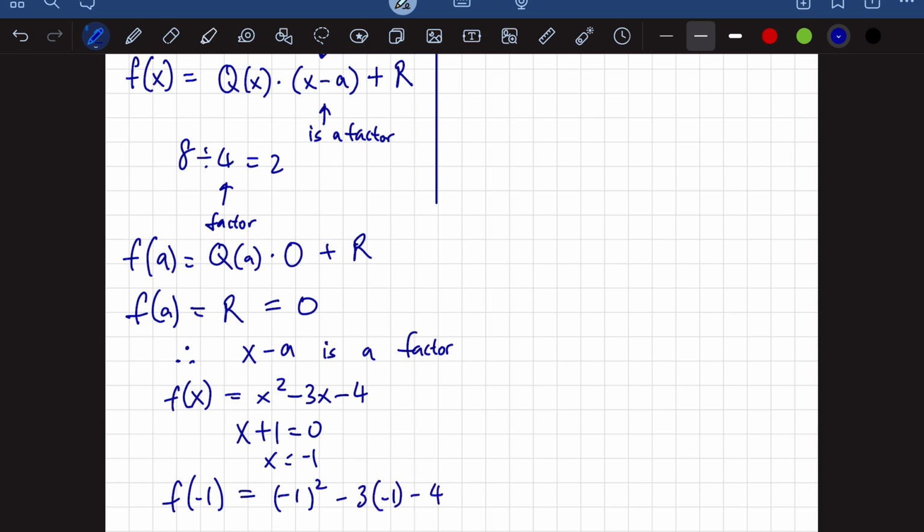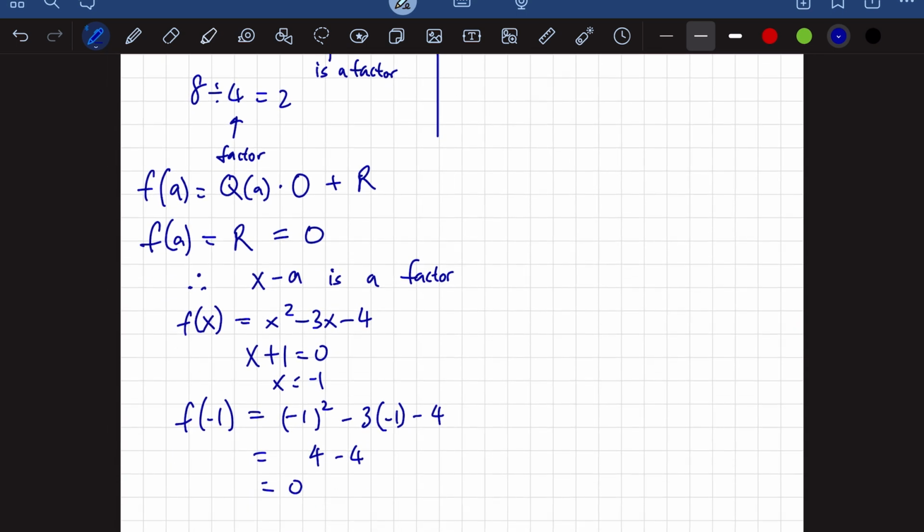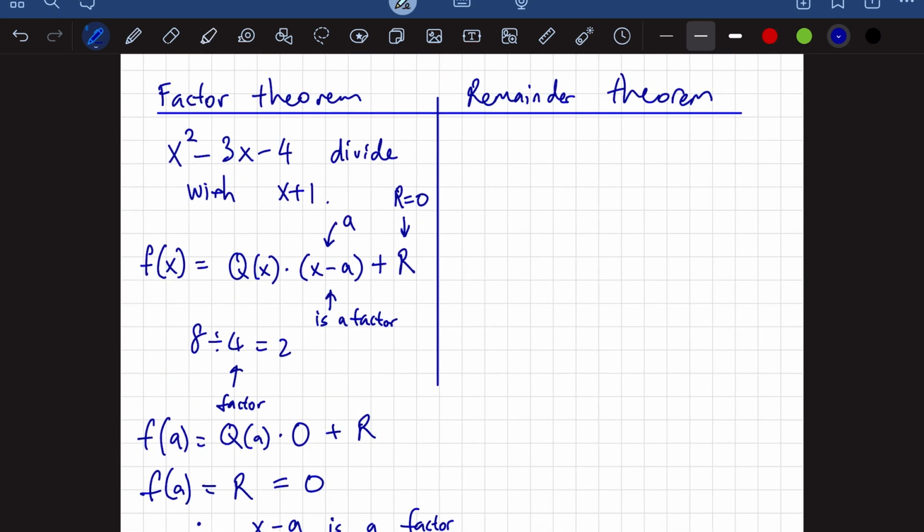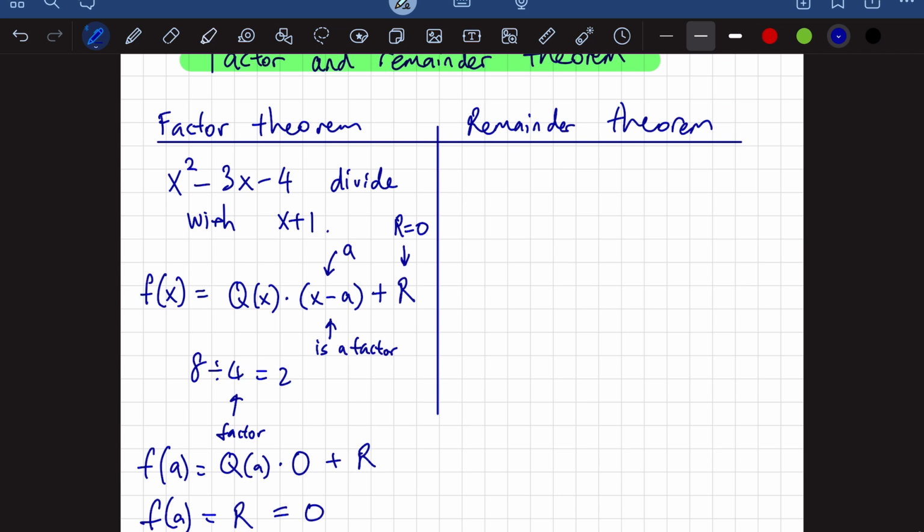So this will be 1 plus 3, which is 4, minus 4, equals 0. So our remainder in this case is 0, and we conclude that therefore, x plus 1 is a factor. So that's how we apply factor theorem. I'm going to put a highlight here to let you know that we are done with that.